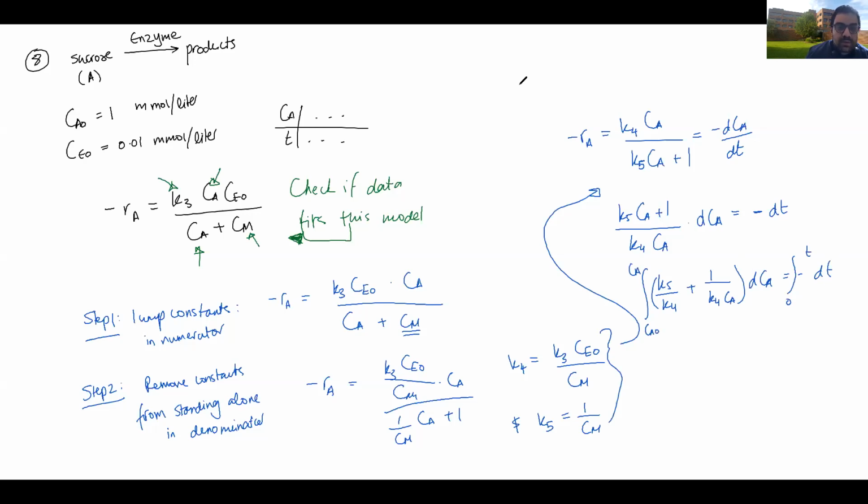Let me remember what it was. Our expression was basically K4 CA divided by 1 plus K5 CA equal to minus dCA by dt.